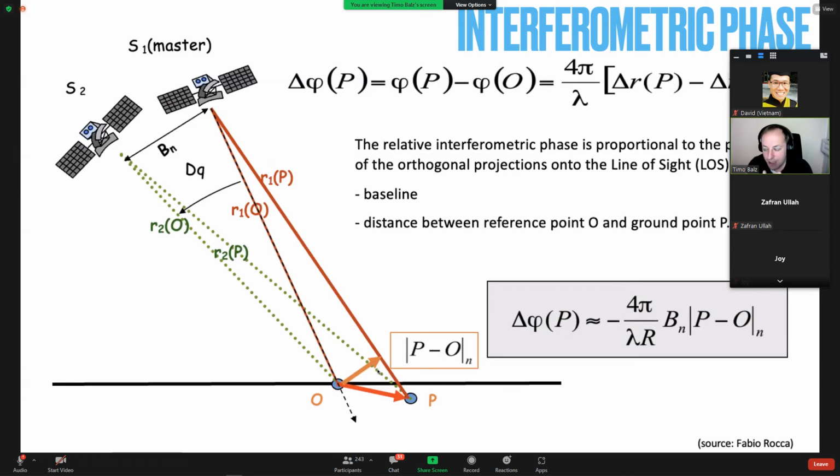If we look at motion, we are looking at range differences, but range differences are also caused by topography.